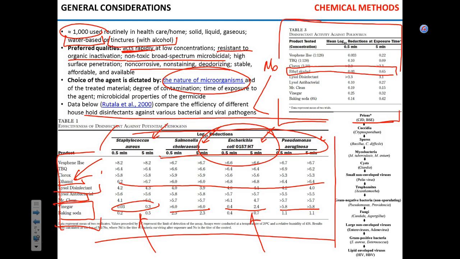So if you want to get rid of the viruses, mechanical removal is your choice, because I doubt that you're going to bath your hands in the Clorox, okay, like chlorine bleach. So you have to consider which microorganism you're trying to extinguish.